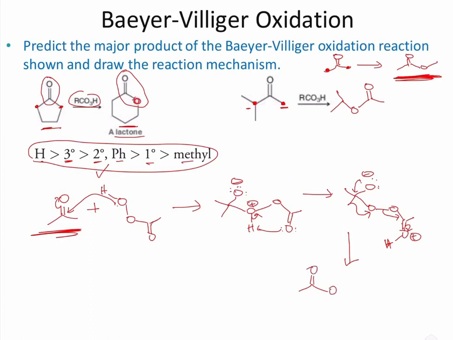The oxygen is here, and now we have a methyl group attached to the oxygen plus carbon. Well, we have a double bond here, and then we have that, and then we have an OH. So we have generated a carboxylic acid and an ester, and this is what we were interested in.